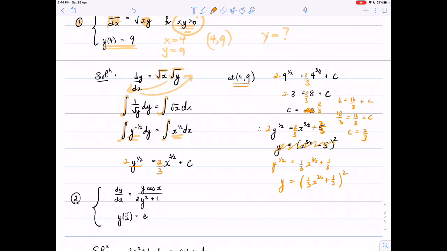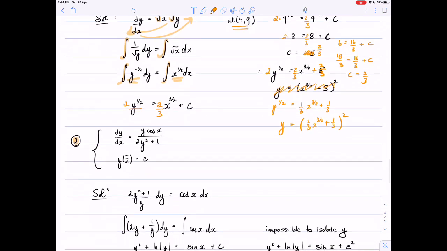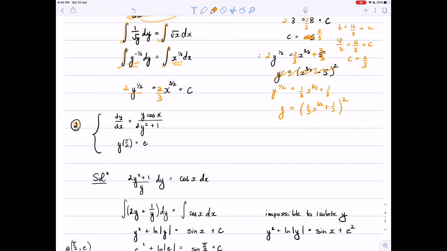Second example, let's hope I don't catch another mistake in this one. So second example, dy/dx is y times cos x all over 2y squared plus 1. So they are all mixed up again, the x's and the y's. y of pi over 2 is equal to e. That tells me that when x is pi over 2, y is e.